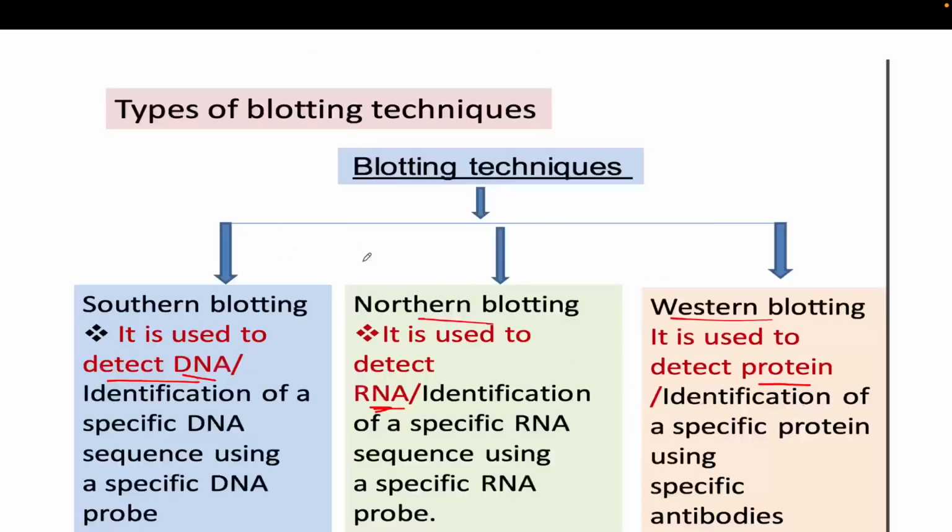So these are the three types of blotting techniques: Southern blotting, Northern blotting, and Western blotting. Southern blotting is generally used to identify DNA, Northern blotting is used to identify RNA, and Western blotting is used to identify protein. Another thing is this technique is generally used just to identify whether your sequence, protein or nucleic acid sample is present in the mixture of sample or not.